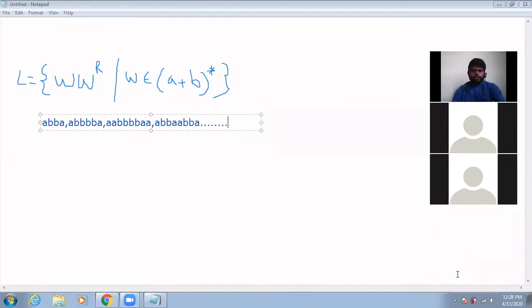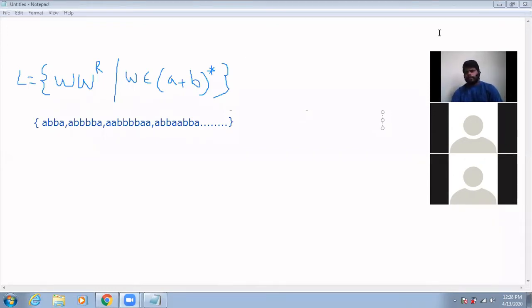The simple approach is, see here, this is a language. Now just think about it: how can I solve this problem? We know that if you observe any string, the starting and ending symbol will be the same, right?